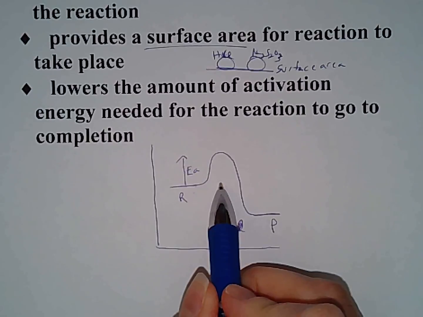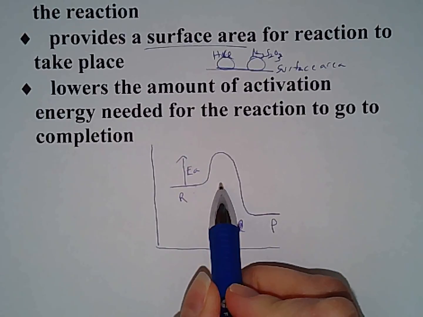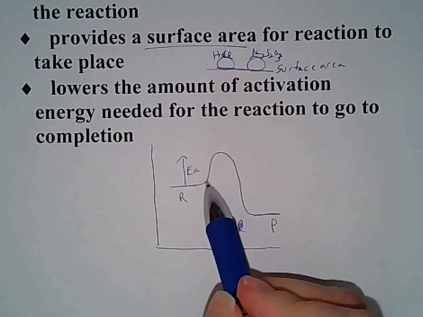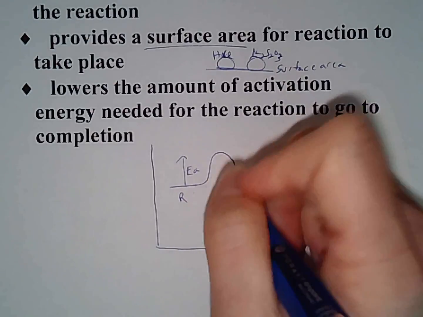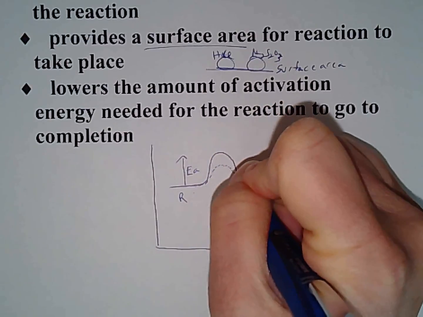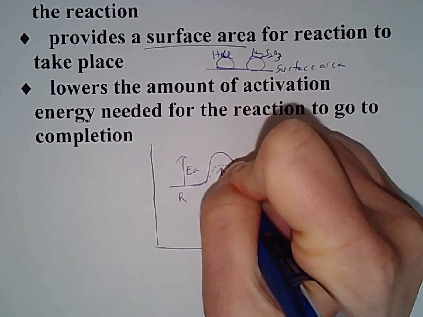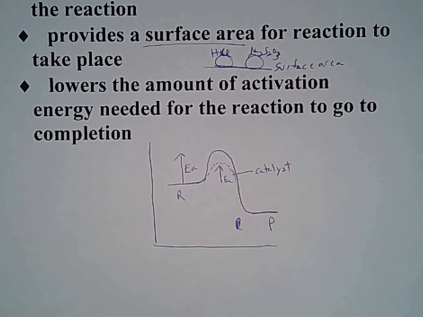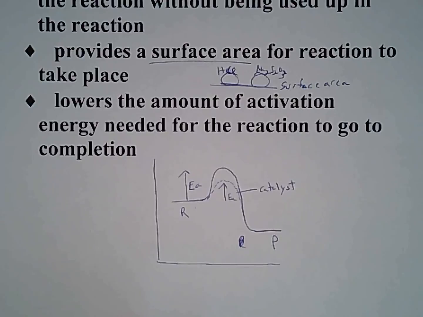But if I'm talking about adding a catalyst, it's going to lower the amount of activation energy needed. So it's not as big of a hill it needs to go up. So typically what you see is it's like a dotted line. And so this is going to be the activation energy for a catalyst. So it just lowers the hump, essentially, lowers that hill that you have to go over in order to make that product.